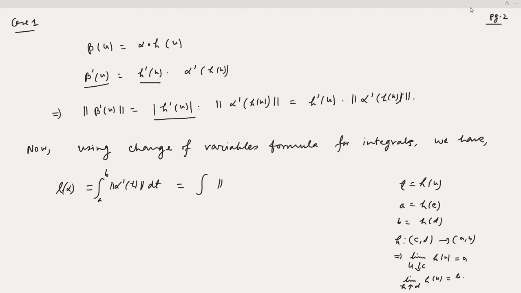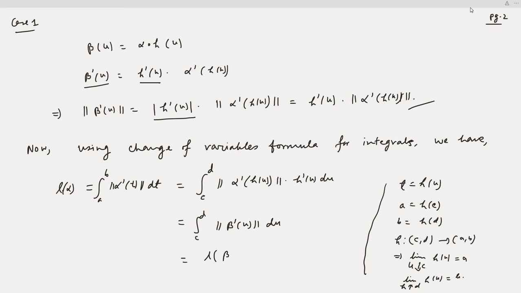So using the change of variable formula for integrals, we have this is equal to the integral of norm of alpha prime of h of u times h prime of u du, with limits from c to d, and from here this is equal to the integral from c to d of norm of beta prime of u du, and this is equal to the length of beta.